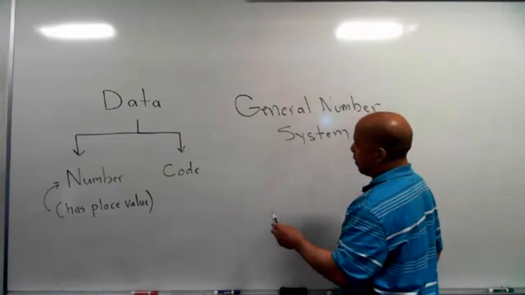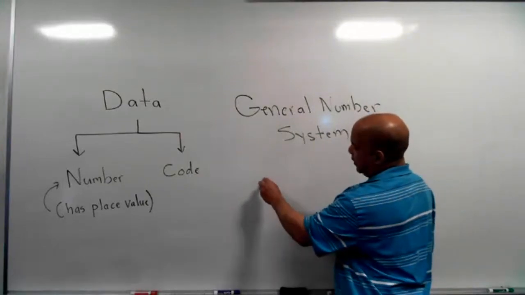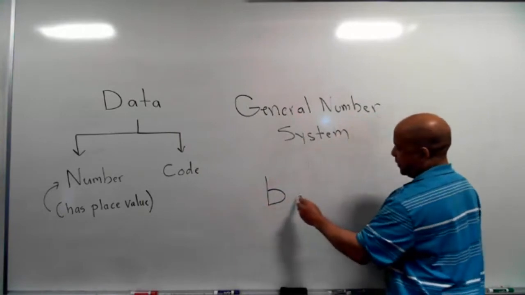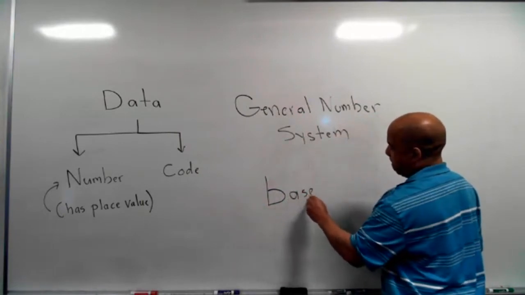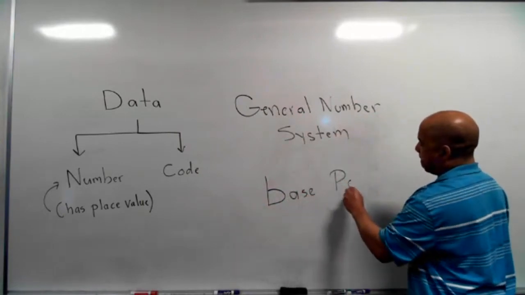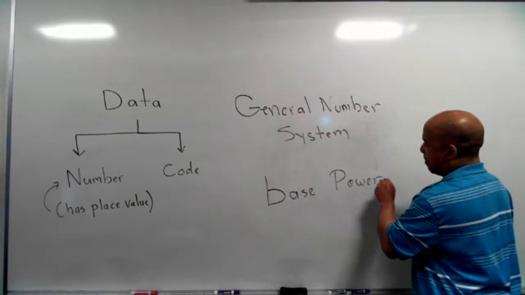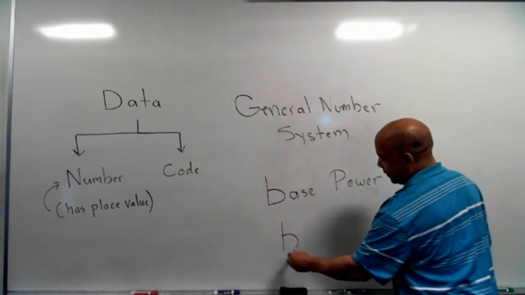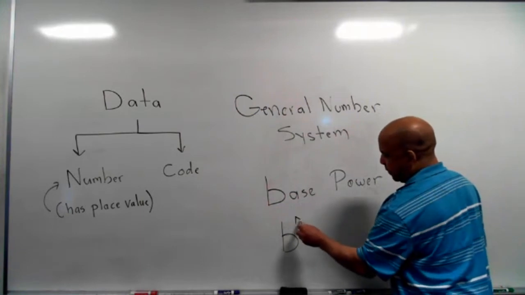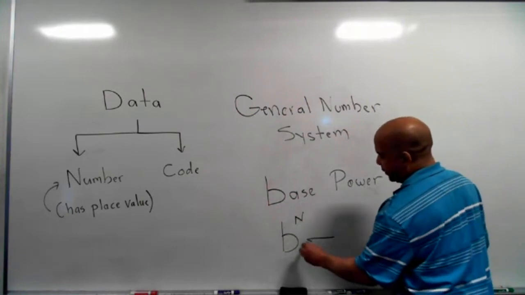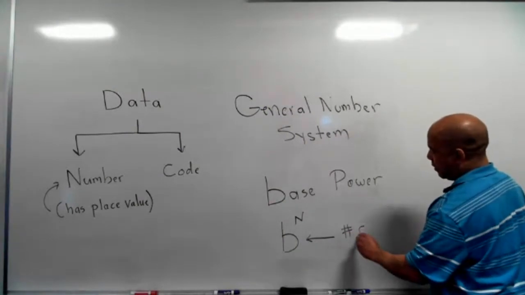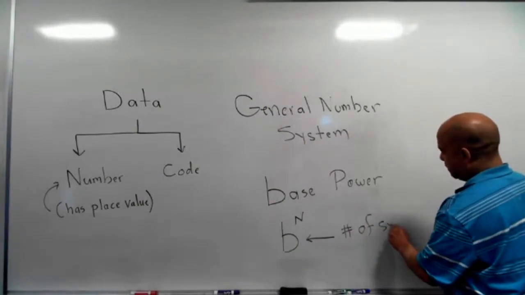So we can represent a number system using this idea of a base and a power. I can take the base to the power, and that base will tell you the number of symbols.